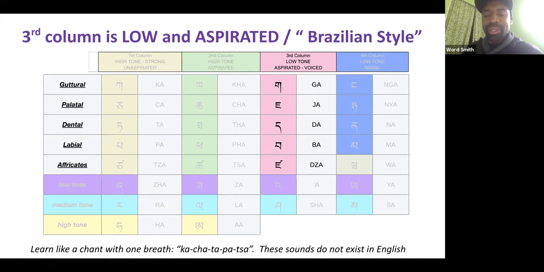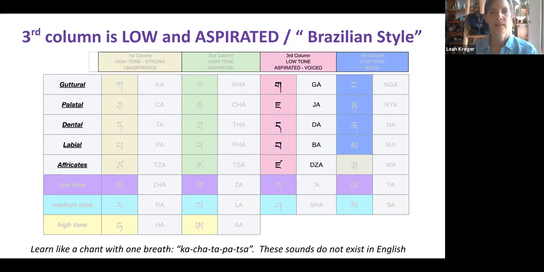Julia, remember how it goes? Yes. Try. Ka, nice. Cha, yes. Ta, yes. Pa, yes. Ta. Good. Okay, Leah. Ga, da, da, ba, da. Okay, just do the whole thing again.